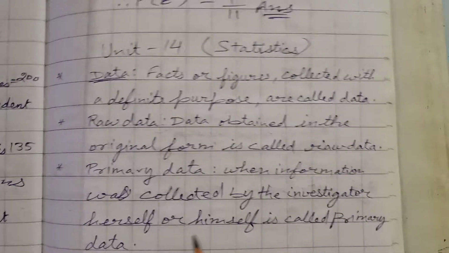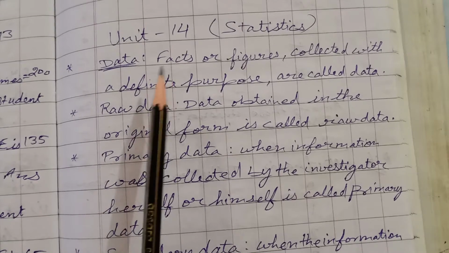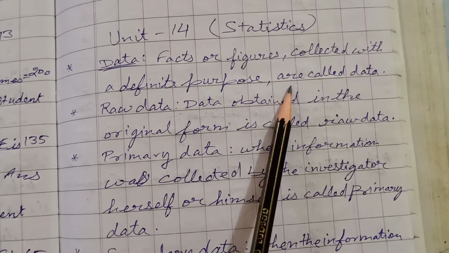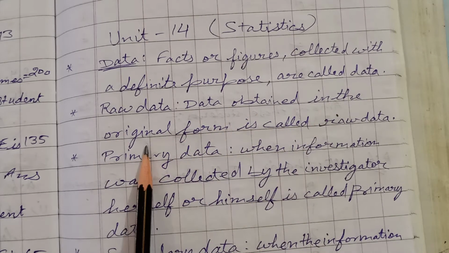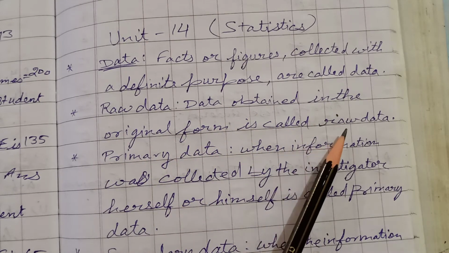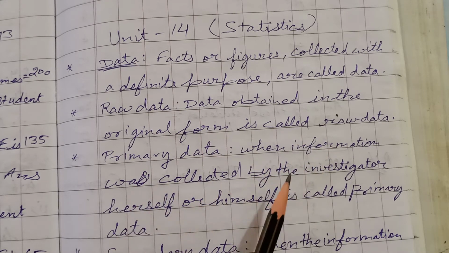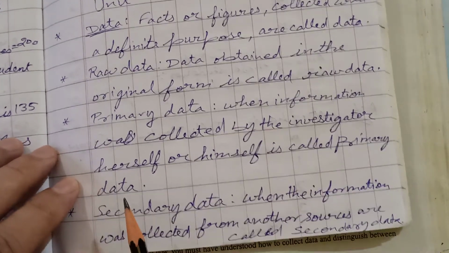Now we discuss some definitions. Data: facts or figures collected with a definite purpose are called data. Raw data: data obtained in the original form is called raw data. Primary data: when information is collected by the investigator herself or himself, it is called primary data.